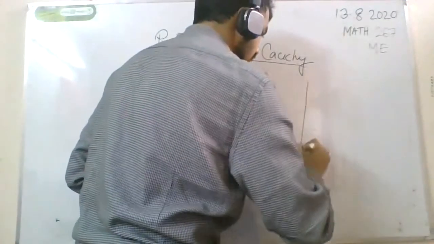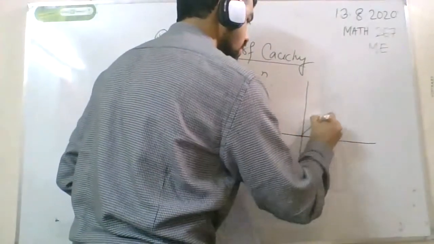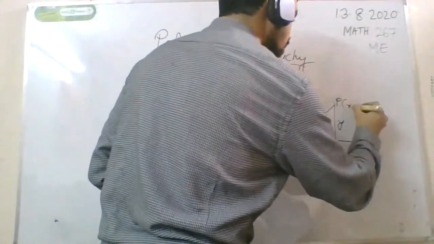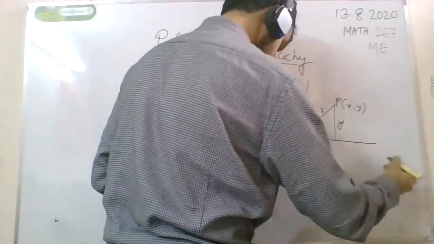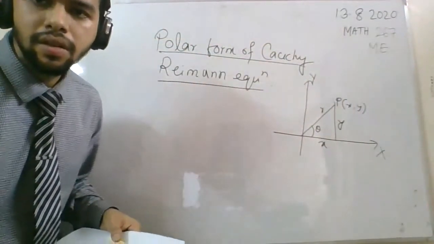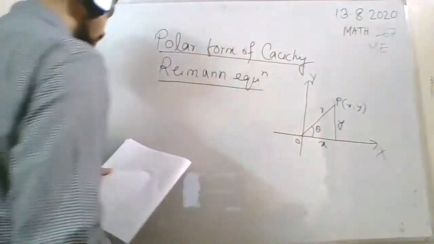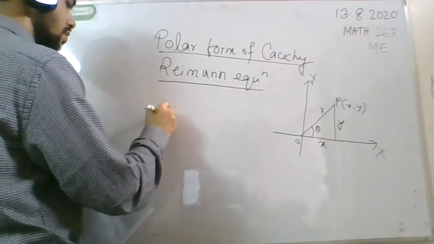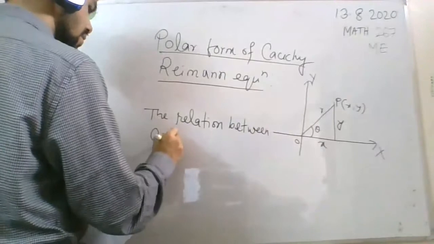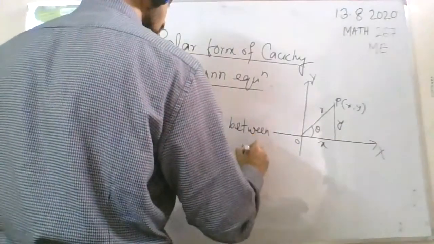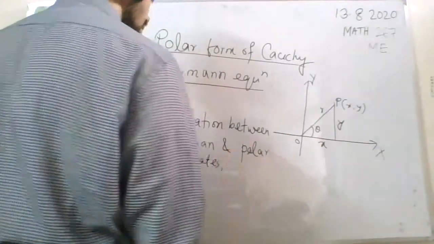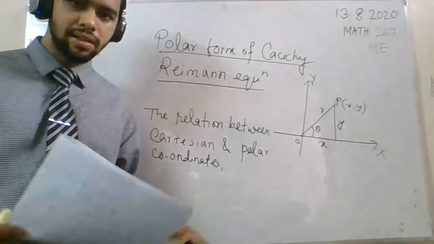So tell me, what is the relation between Cartesian and polar coordinates?